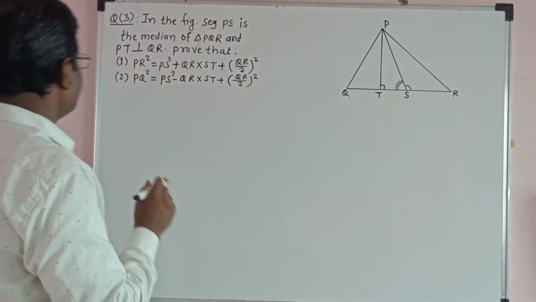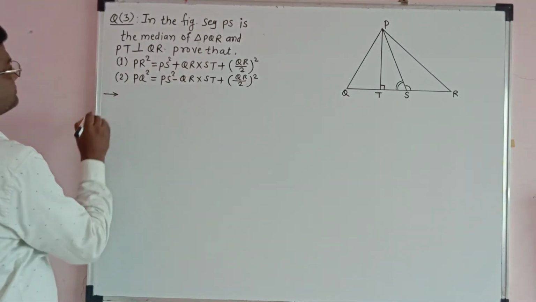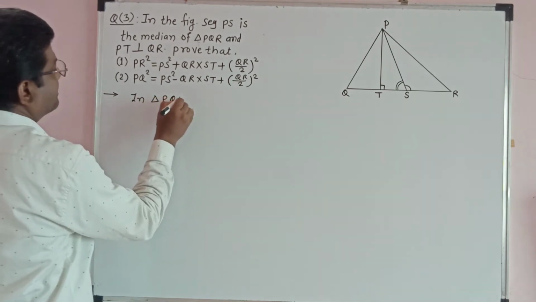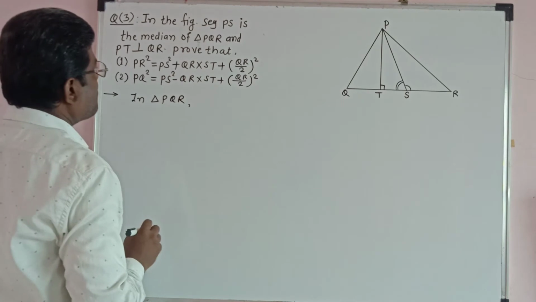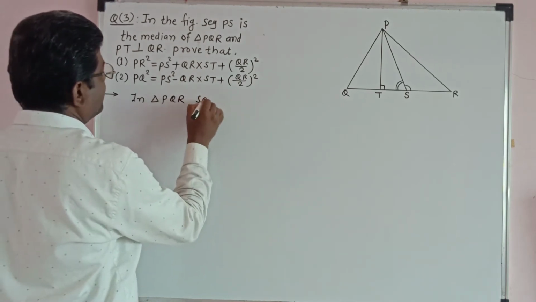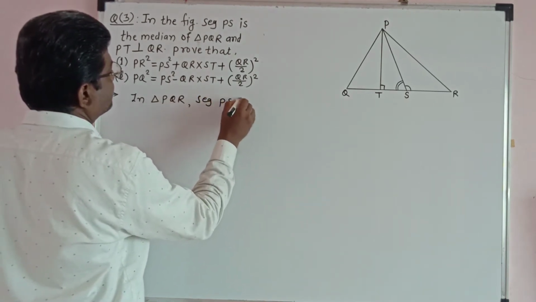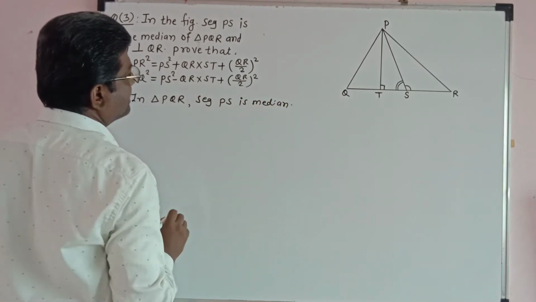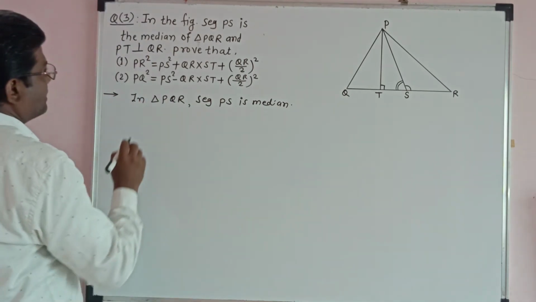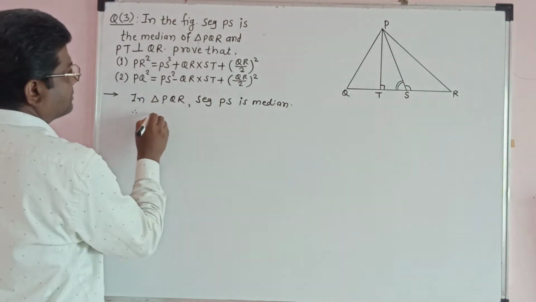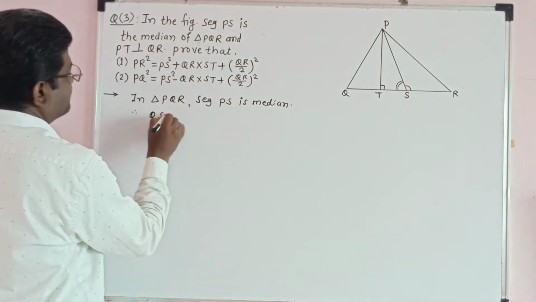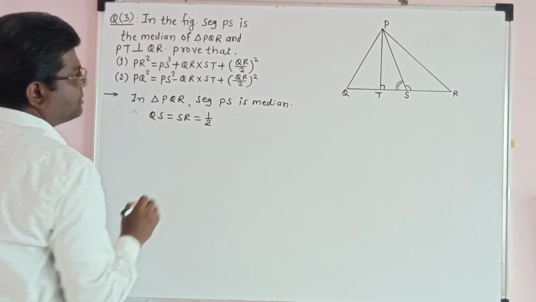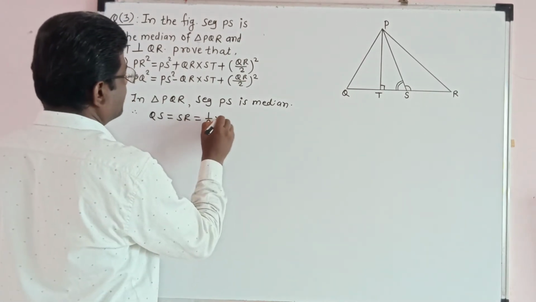So we can write at first, in triangle PQR, segment PS is median. Therefore QS is equal to SR is equal to half into QR.